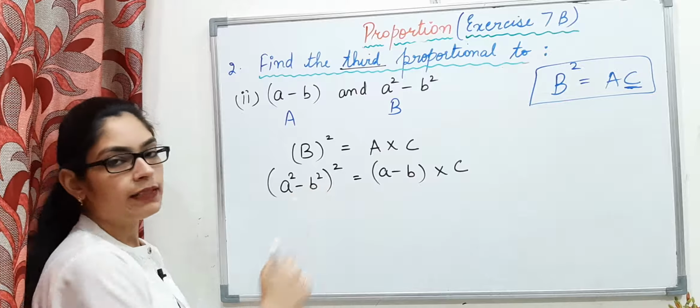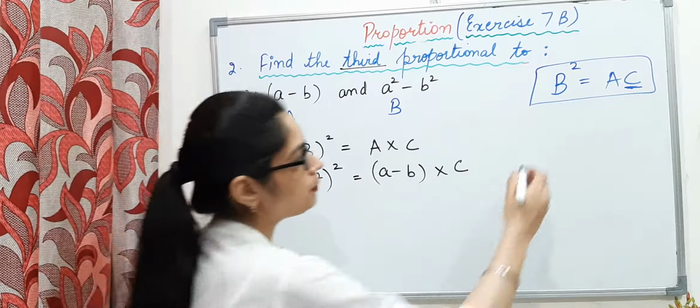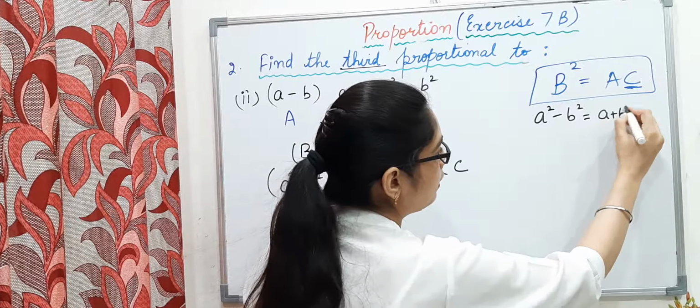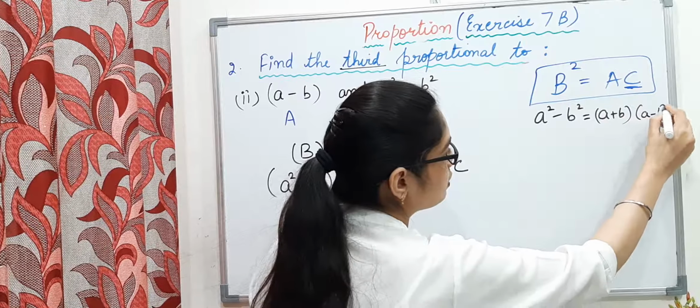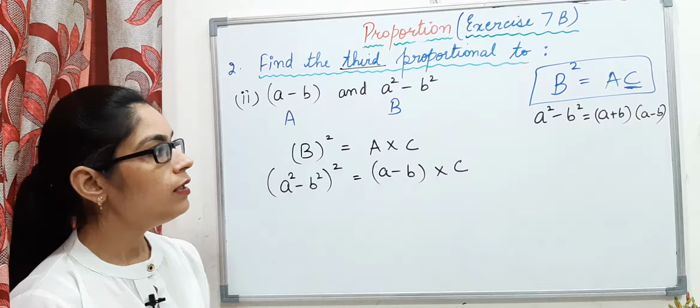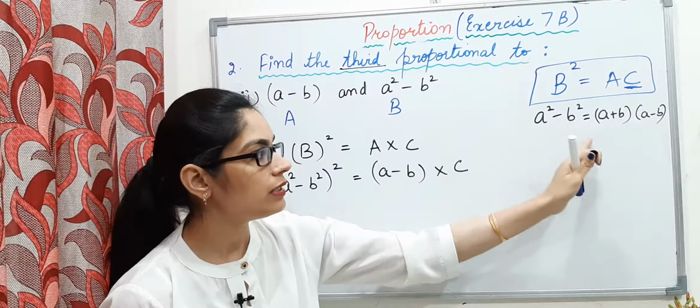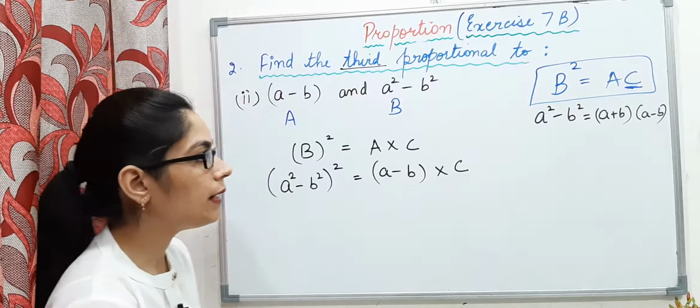Now, a square minus b square is a plus b into a minus b. This is one algebraic identity. So, a square minus b square is equal to a plus b into a minus b.